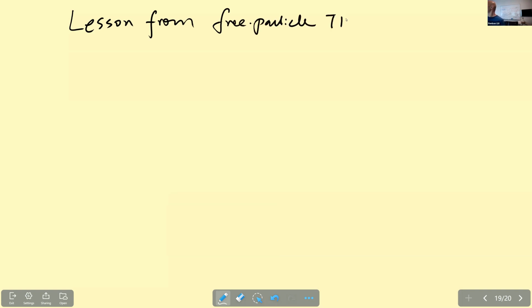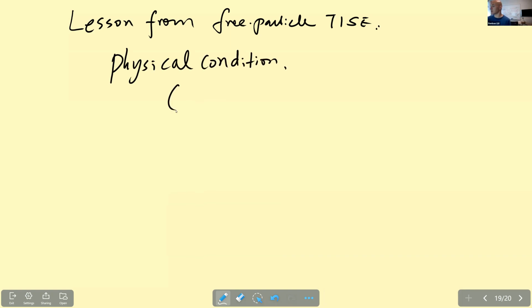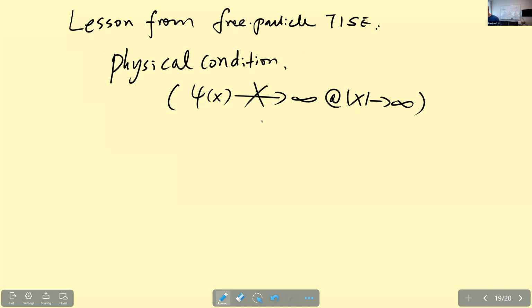The lesson from this free particle time independent Schrödinger equation is the physical condition, or more specifically, that psi of x should not go to infinity as x goes to infinity. This is kind of a boundary condition in mathematics.